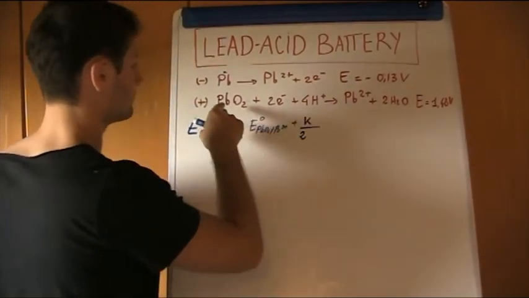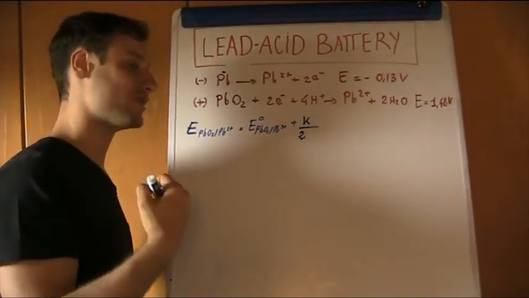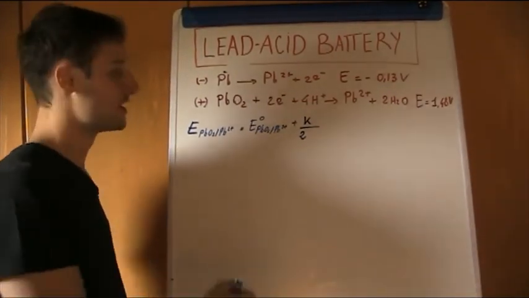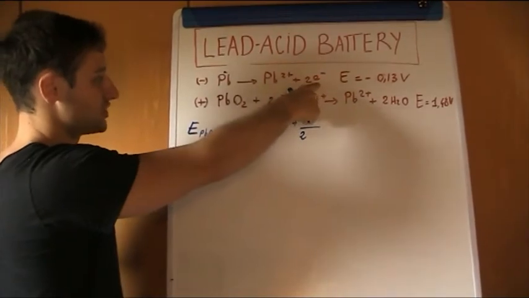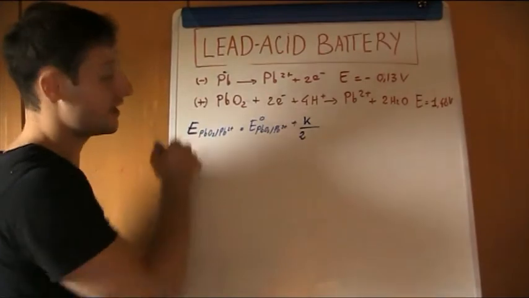Why 2? Because 2 is the ratio between the moles of electrons over a mole of substance. Here we have 2 electrons exchanged for each mole of lead.